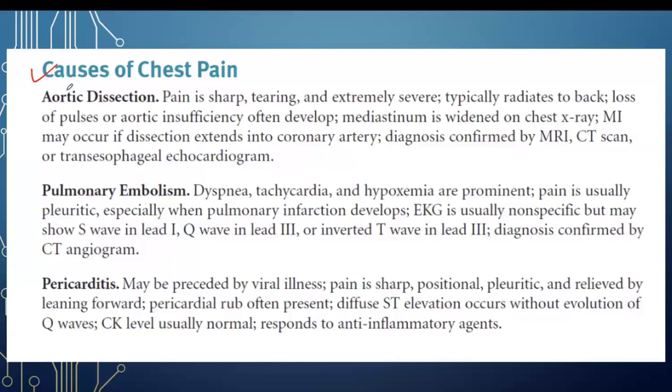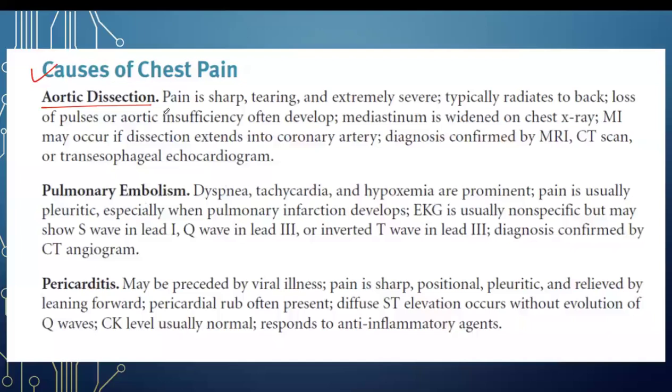Causes of chest pain. We already got a bit of an idea about causes. We know the characteristics of ischemic heart disease or myocardial infarction chest pain. How about some other causes? Let's say it's not myocardial infarction, but aortic dissection is your cause.